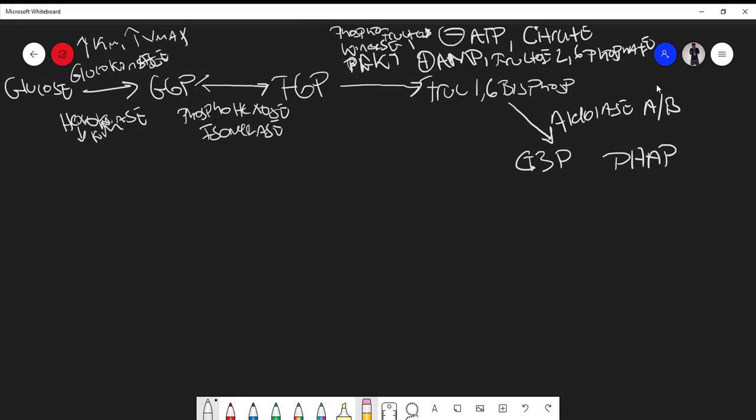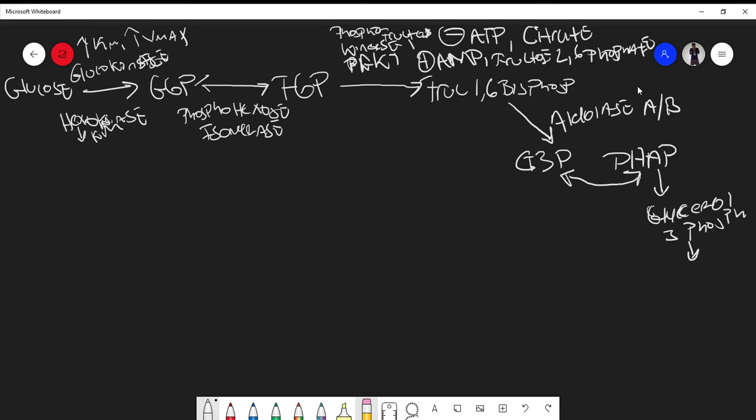Now, at this point, we have a 6-carbon sugar converted into 2 3-carbon sugars. Right? Now, what's important is that dihydroxyacetone phosphate has to be converted back to G3P in order to continue the glycolytic cycle. Now, as a side note, dihydroxyacetone phosphate is actually used in several instances to form glycerol 3-phosphate.